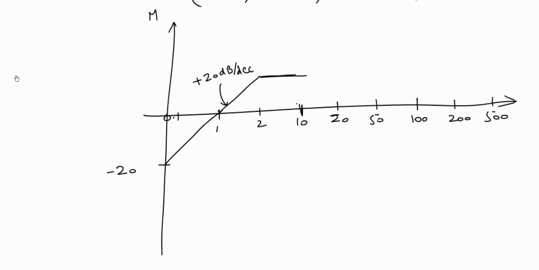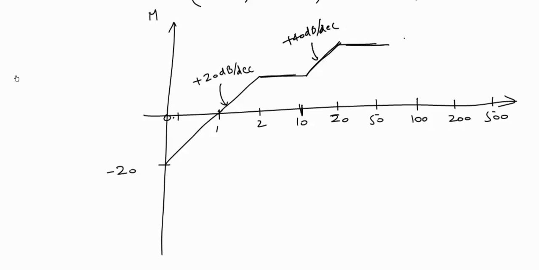Next at 10 I have 2 zeros, so it will give me a slope of plus 40 dB per decade. Then again at 20 I am adding 2 more poles, so the slope will become 0 again.